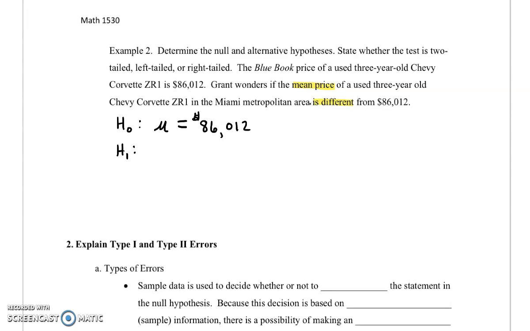H1 is what Grant wonders. He wonders if it's different. So it doesn't say whether that's more or less, just that it's different. So that indicates a not equal for our H1. And not equal means a two-tailed test.